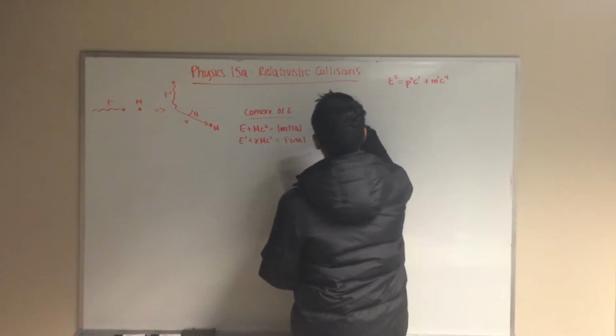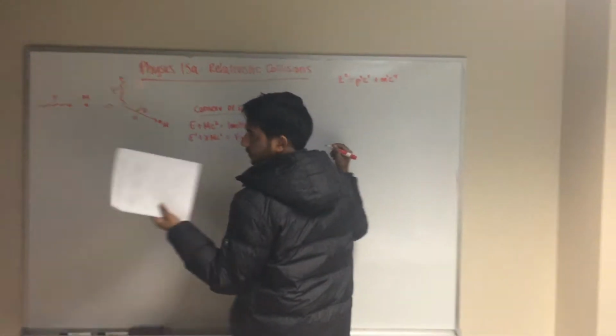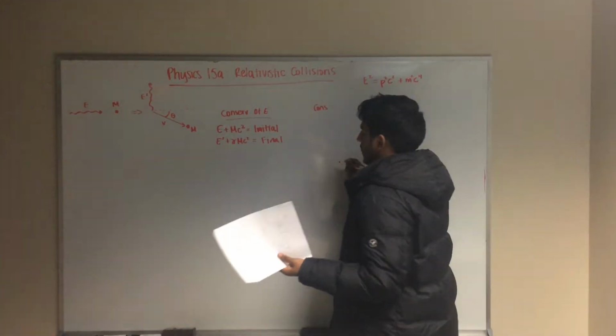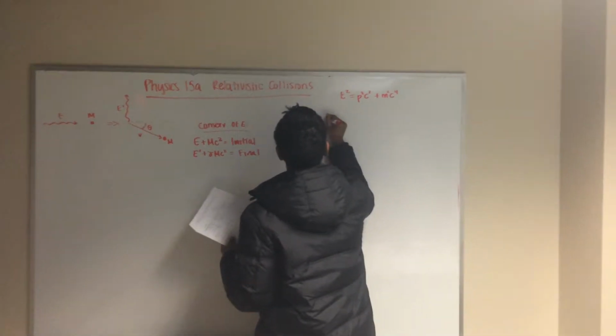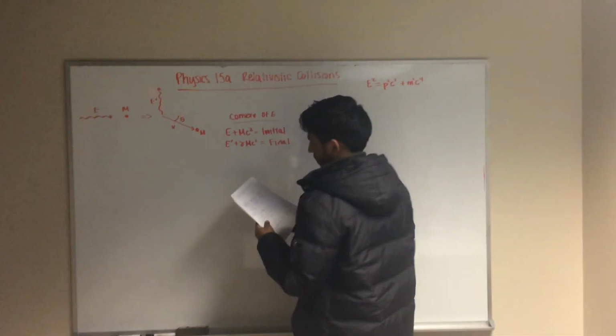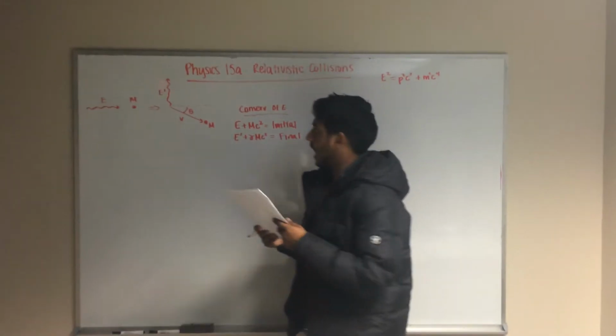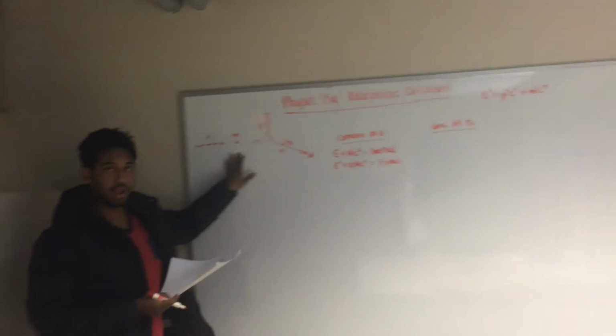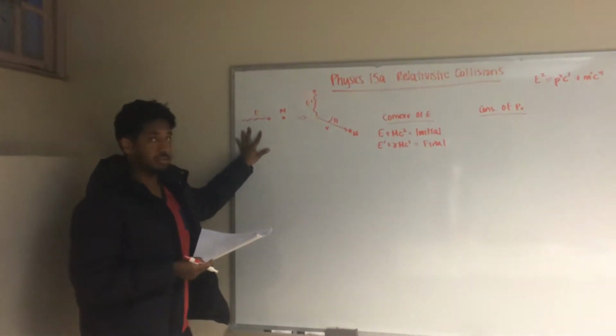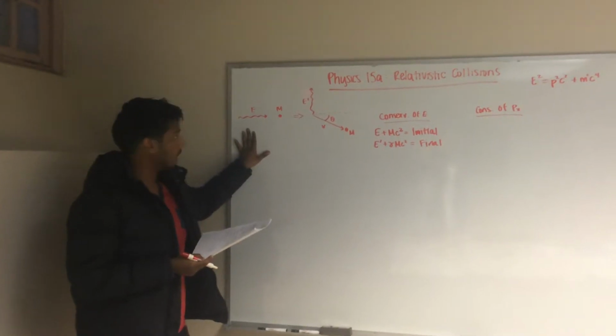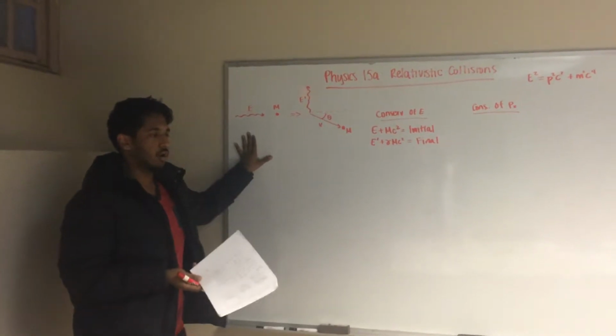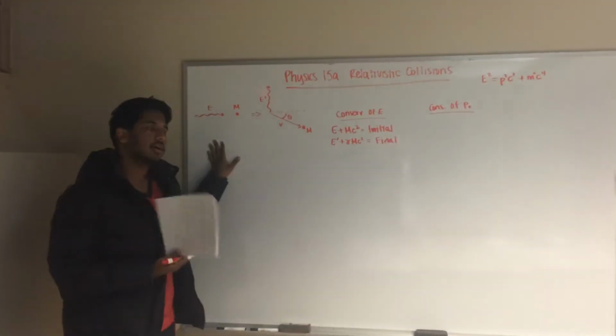The next step is conservation of momentum in the x direction. You can either do x direction or y direction first, it really doesn't matter. I just like to go with x. Conservation of momentum in the x direction. Now, initially you have a particle at rest and you have a particle that is moving, and in this case that is the photon. However, you might think, well, it has no momentum because it's massless.